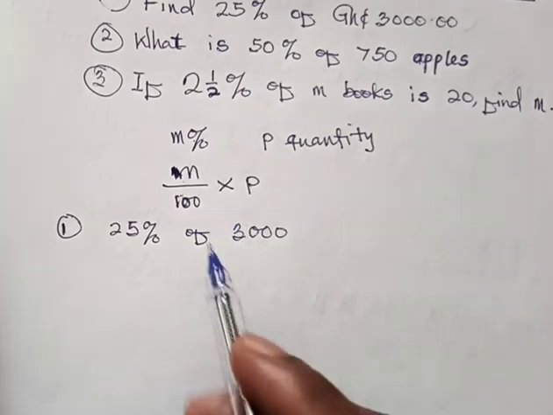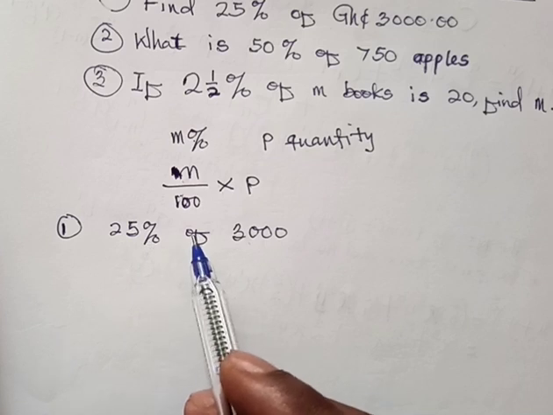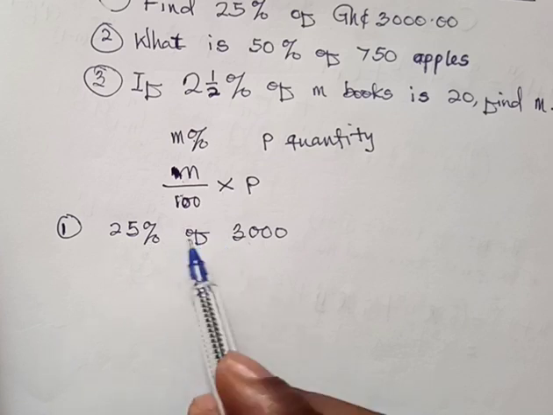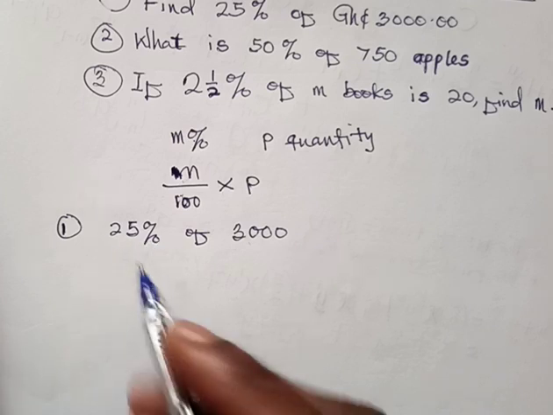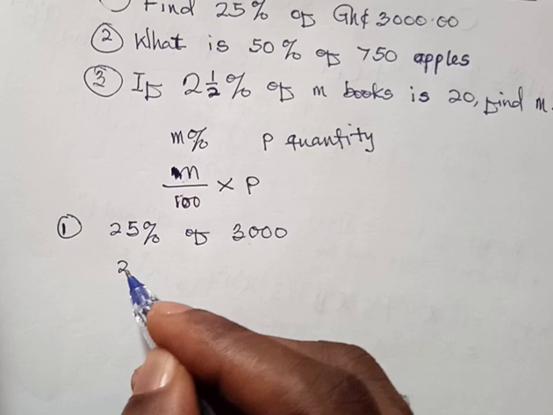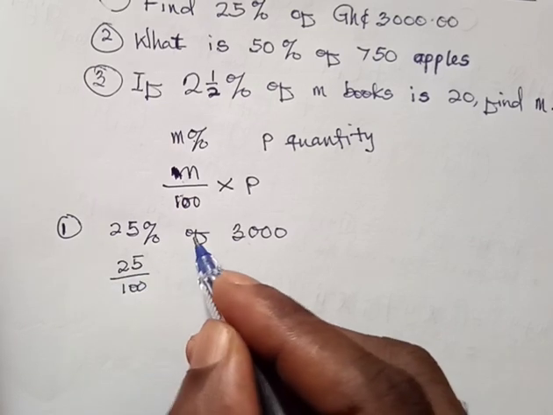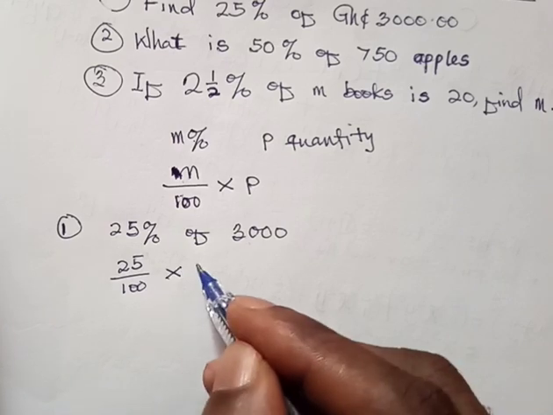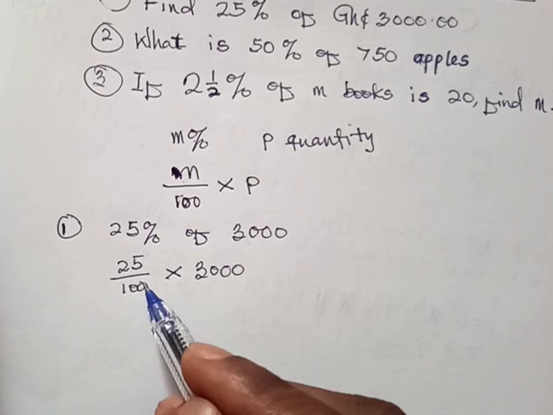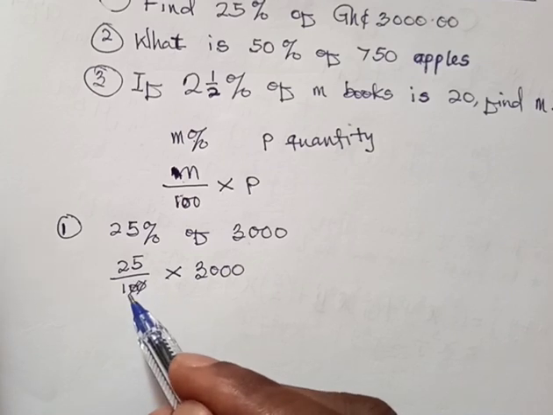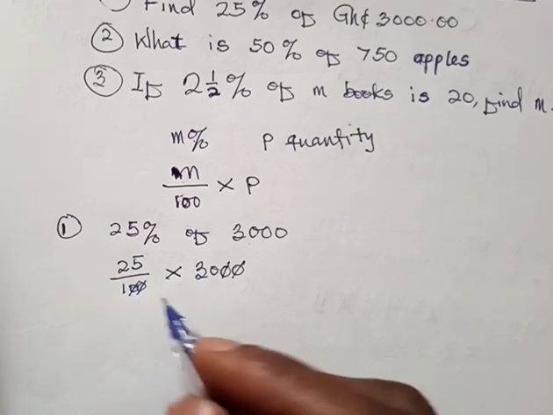Now you know that in mathematics, when we say "of", we mean multiply. So we change this 25% as a fraction: 25 divided by 100, times the 3,000. Since we have zeros here and zeros here, we can cross these zeros out, leaving this.